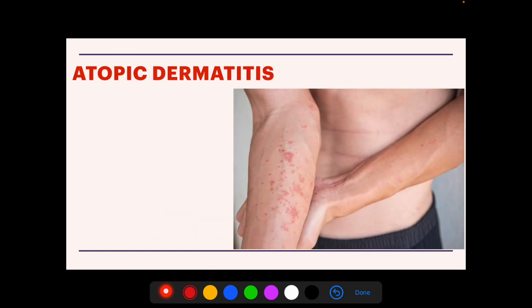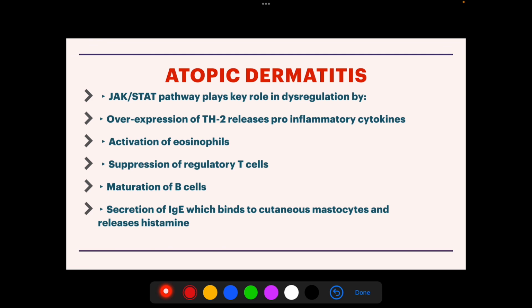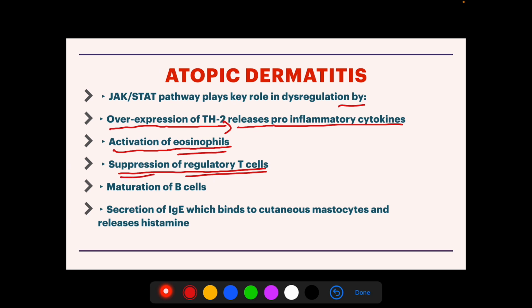Next disease is atopic dermatitis. In atopic dermatitis, the JAK-STAT pathway plays a key role in dysregulation in the pathogenesis by overexpression of helper T2 cells, which release pro-inflammatory cytokines and activate the eosinophils, with suppression of the regulatory T cells and maturation of B cells.